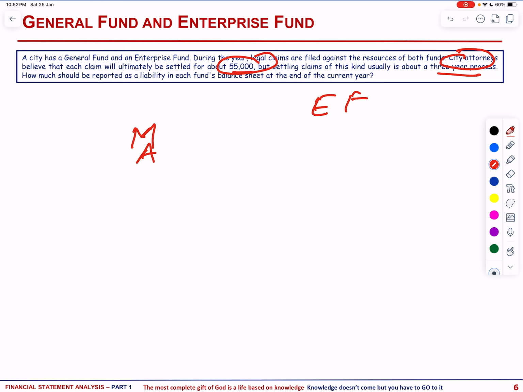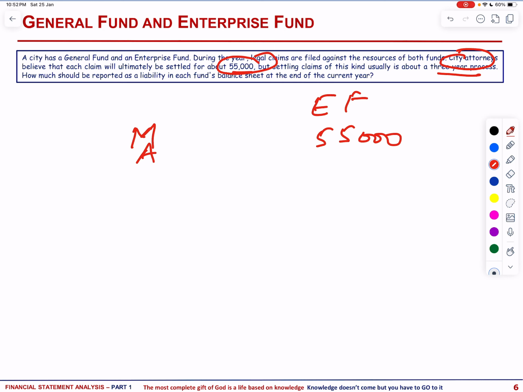The enterprise fund will therefore recognize a liability of 55,000 for the claim, since the liability is measurable and certain to be incurred. Thus, the enterprise fund should report 55,000 for claim in the balance sheet.